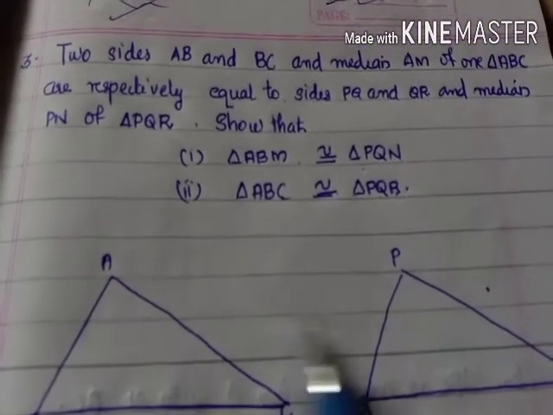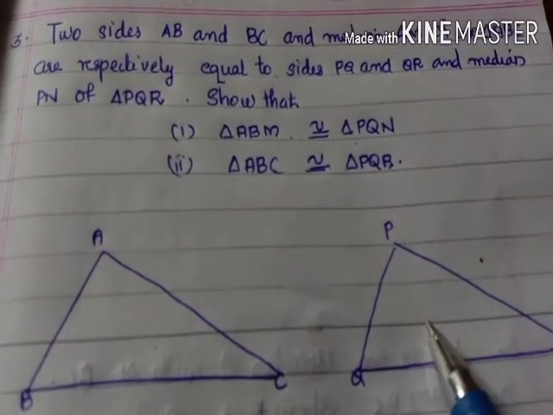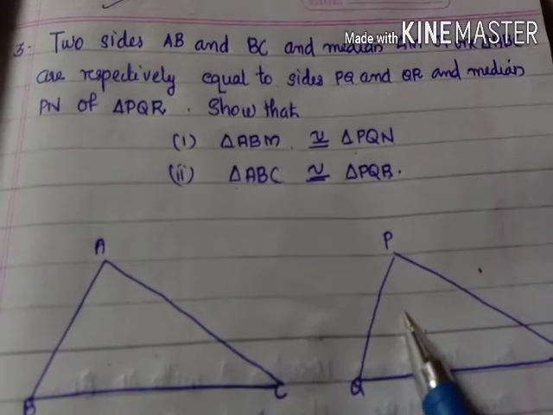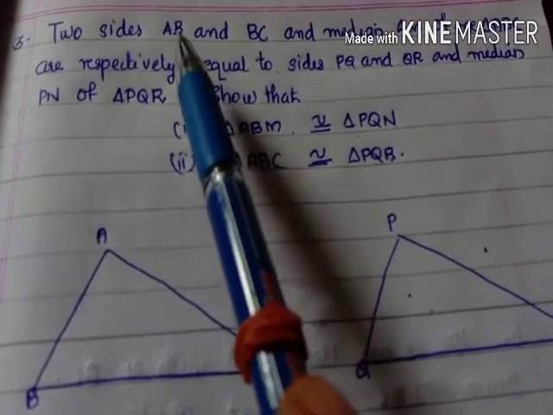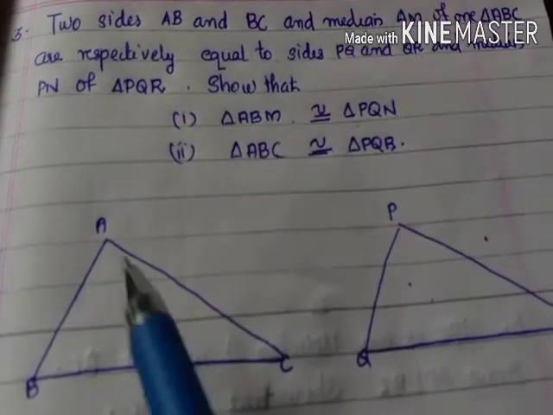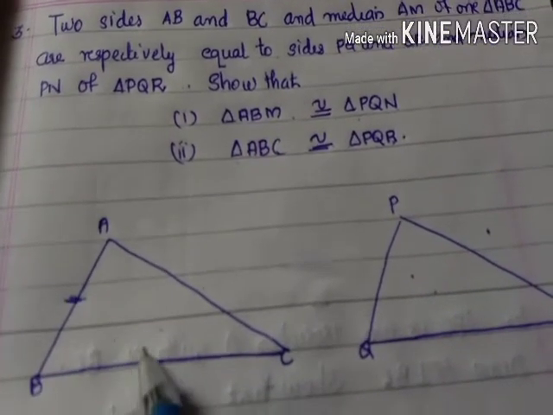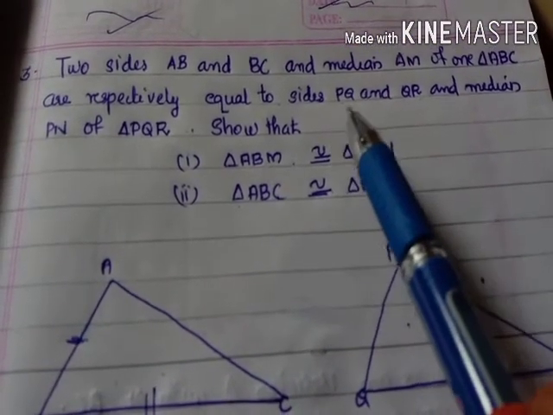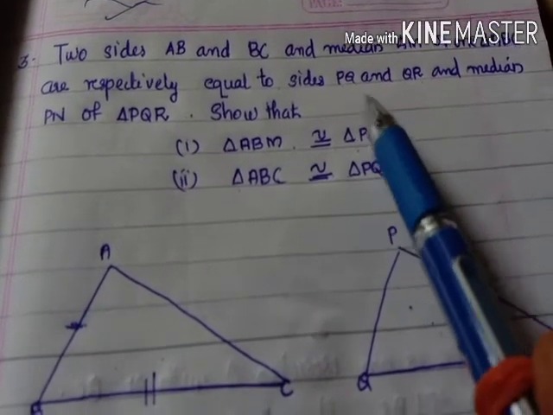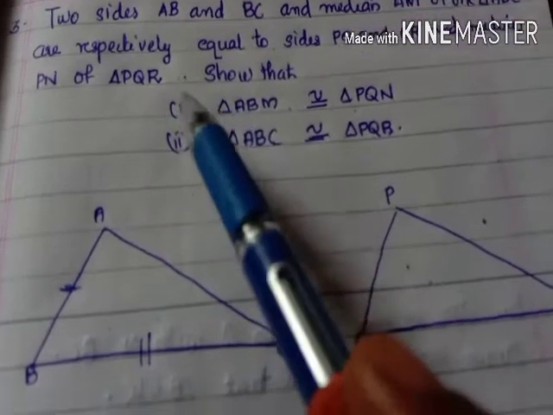Okay. So the question is, there are two triangles ABC and PQR. So in these two triangles, these sides AB and BC are equal to sides PQ and QR respectively.